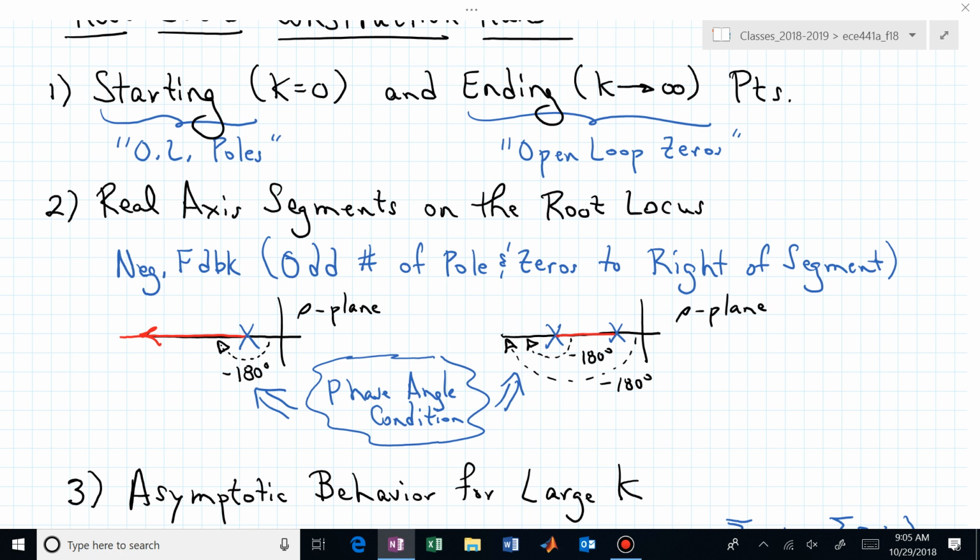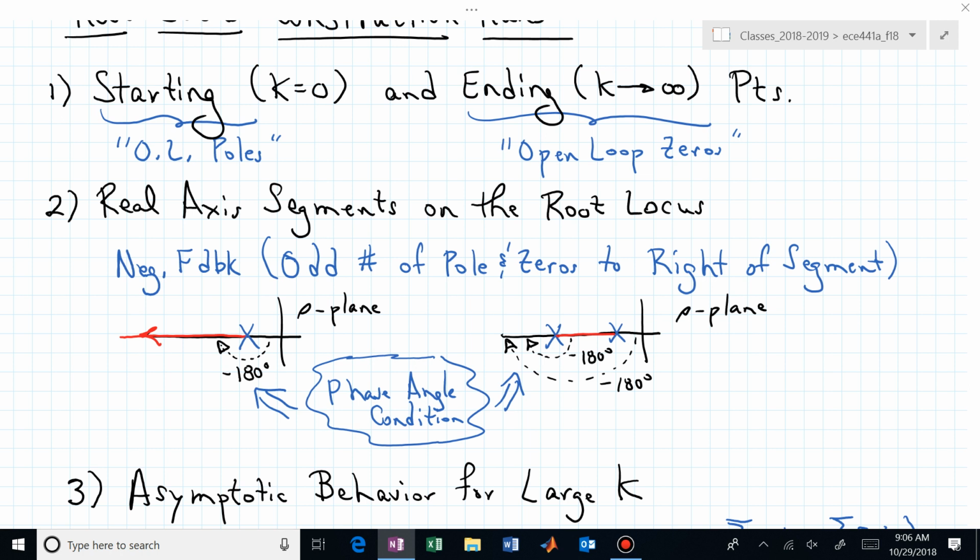If, for example, in the first one on the left, we have a single pole, then the root locus is everything to the left of that single pole. And the reason that's true is if you are standing anywhere on the left of that pole on the real line, what's the angle that that pole makes to get to you? Maybe it's better to stand at the pole and look and try to find where you are.